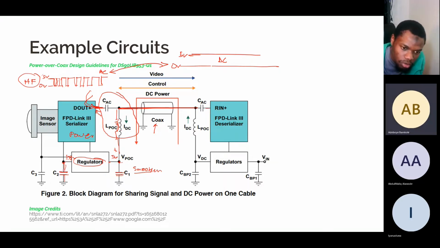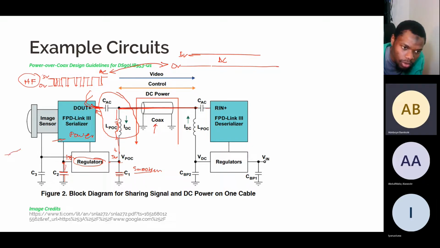Another reason why you need this capacitor is that this is a device that is consuming current, right? And the current consumption may not be constant. It may depend on what the device is doing at any instantaneous moment in time. For example, if the image sensor is getting images, the current consumption may go up.